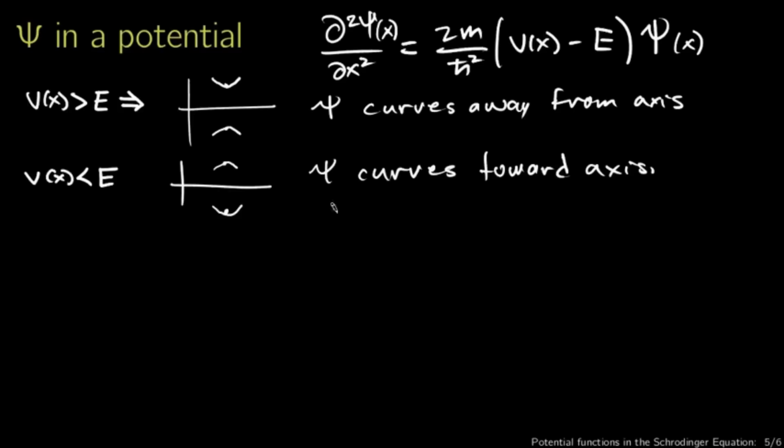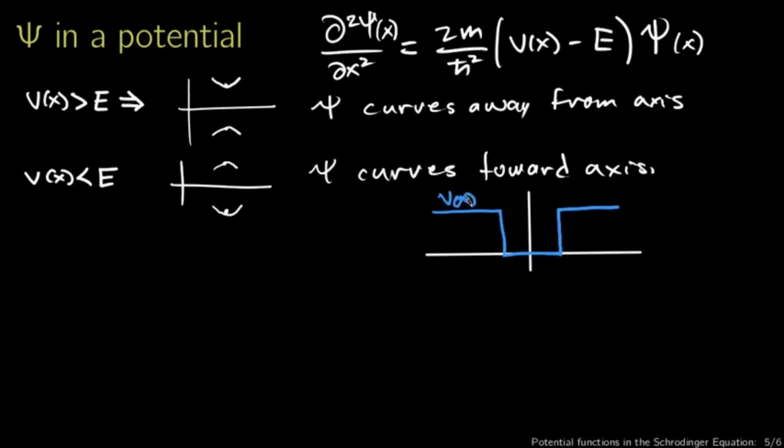For instance, let me do an example here in a little bit more detail. Suppose I have a coordinate system over here. If I have a potential function, let's do the soft particle in a box.